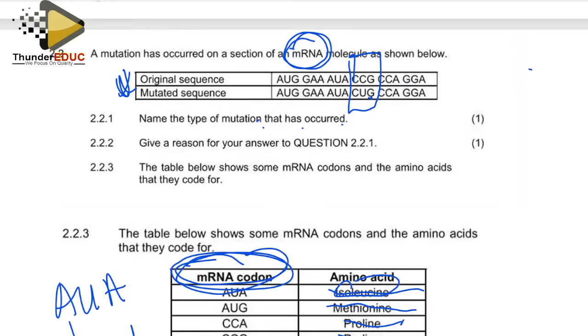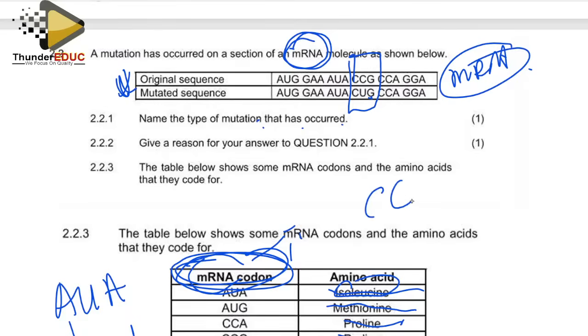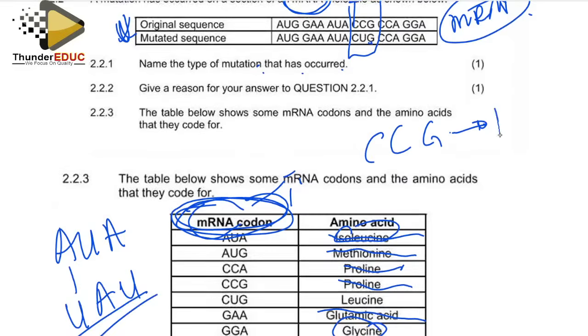No. If this was messenger RNA and this was transfer RNA, then you would have to change the sequence, whereby C goes with G, and G goes with C. But now since this is messenger and this is messenger, I'm gonna read it the way it is. So CCG codes for proline.